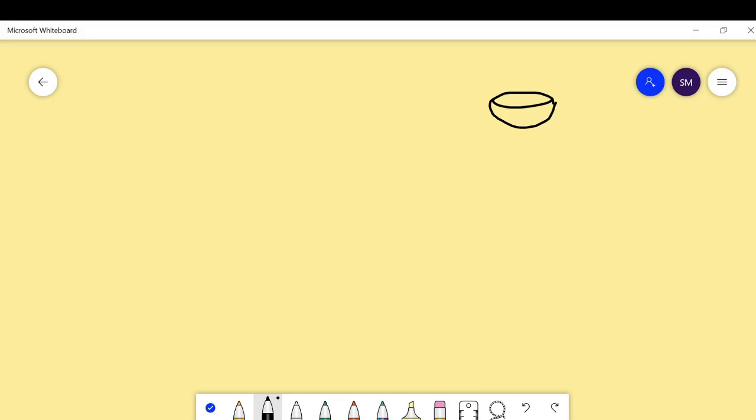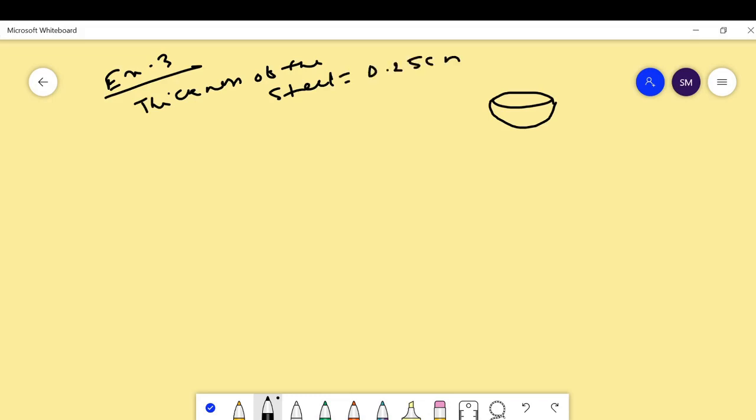A bowl is in the form of a hemisphere whose thickness of the steel is 0.25 centimeter. The inner radius of the bowl r is equal to 5 centimeter. Then we have to find out the outer curved surface area.